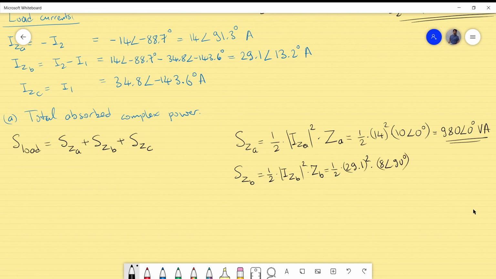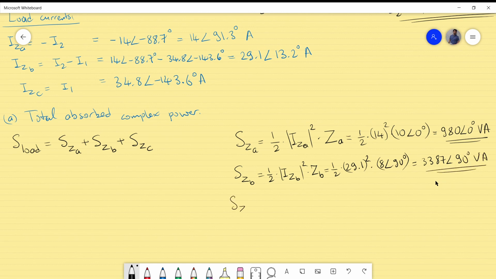If I convert this in the polar representation, if you do the math correctly, just multiply the magnitudes and add the phases, what you have is 3,387, and the phase will be 90 degrees, again in volt amperes. Okay, that's for the second one.